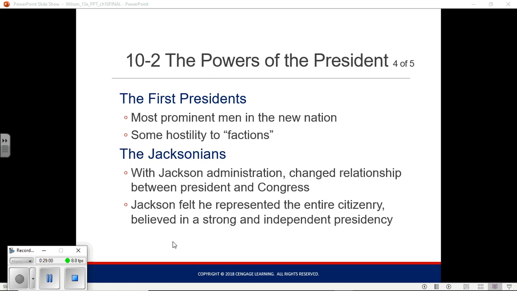Others, statesmen who served in the signing of the Declaration, or they'd served in the Continental Congress and the Confederation, and they wrote the Constitution, etc. Of the first 5 presidents, 4 served 2 terms. John Adams was a one-hit wonder. Washington and Monroe weren't even opposed. George Washington ran unopposed, and James Monroe basically ran unopposed as well.